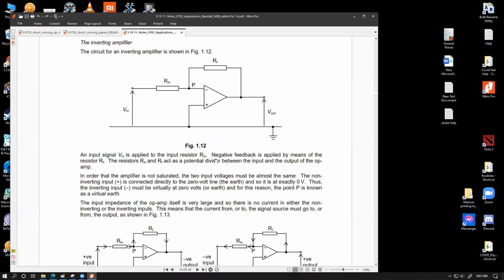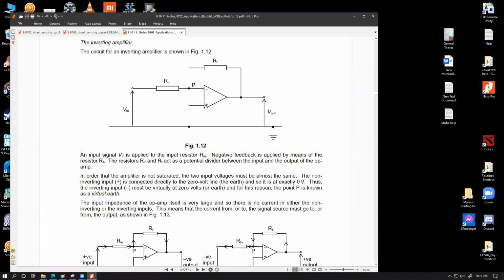For the output of the op amp not to be saturated, the inverting input and the non-inverting input have to be super close, so that the input voltage is very small, and whenever you multiply it by the gain, you can avoid saturation. That's a theoretical aspect.